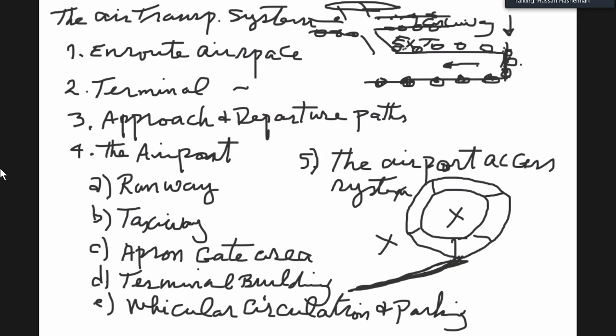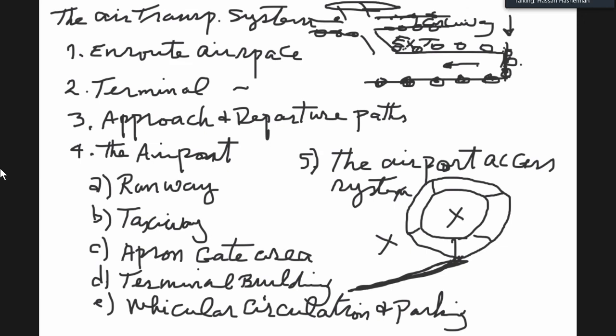Some airports have special highways that just take people to the airport. For instance, if you go to Washington, D.C., and if you fly to Dallas Airport, which is about 50 miles away from the center of the city, there is a special highway that takes you to that Dallas Airport. That's for just the airport. It has limited access.